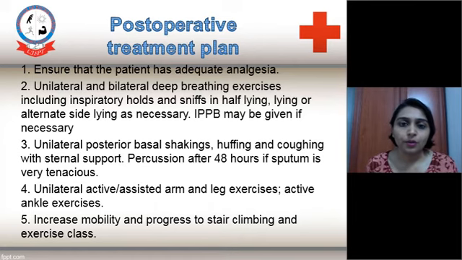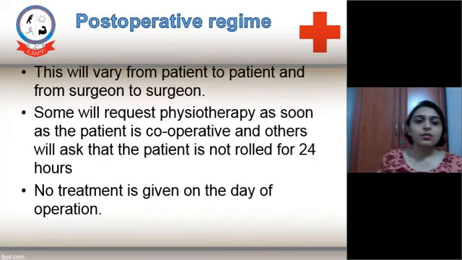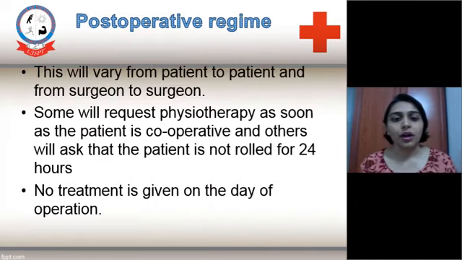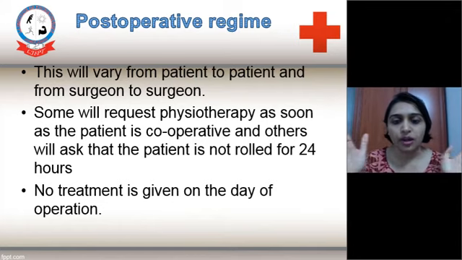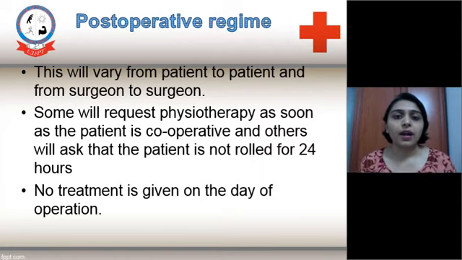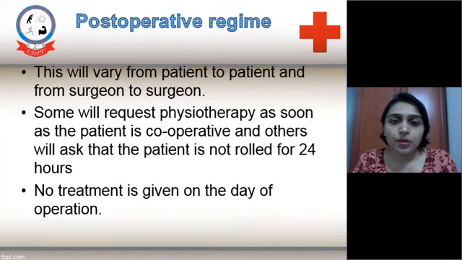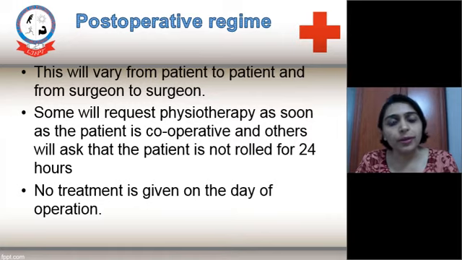And to increase mobility, we can give mobility exercises, and we can progress to stair climbing and exercise classes in a group. So let's look at one post-operative regime from the day of operation till the discharge of the patient, so that we can get an idea about how we can deal with the treatment day by day. The post-operative regime will vary from patient to patient and from surgeon to surgeon.